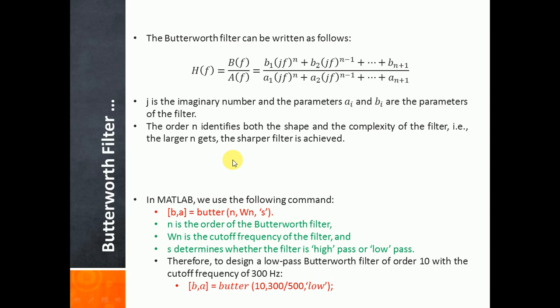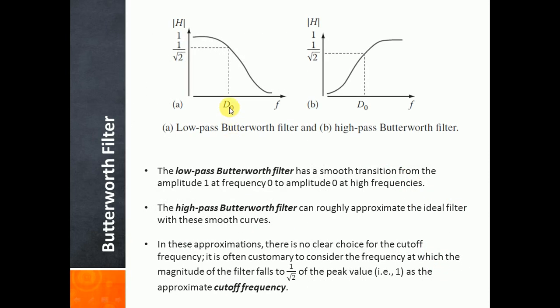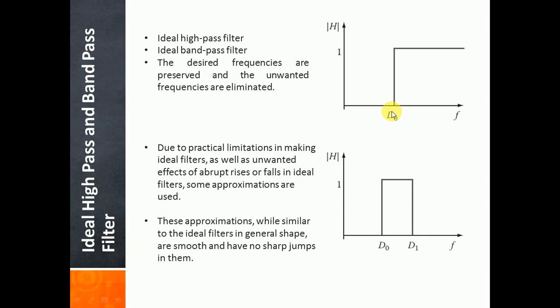Generally in MATLAB, you would use this command, butter(N, Wn, ...), where N stands for the order, like we mentioned here, up until whatever order you want. Wn is what is referred to as the cutoff frequency. You can see here there is a cutoff frequency D0.